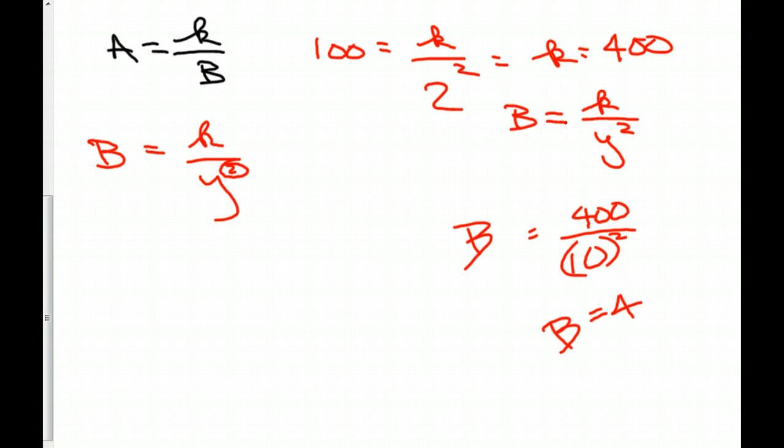Okay, let's look at the other method. Everything is the same, numbers haven't changed, but in the past, what we did is we had A1 over A2 equals B1 over B2. Is that what we had? Okay.